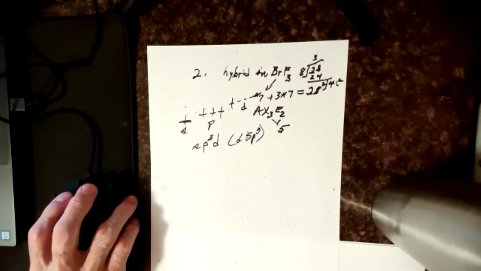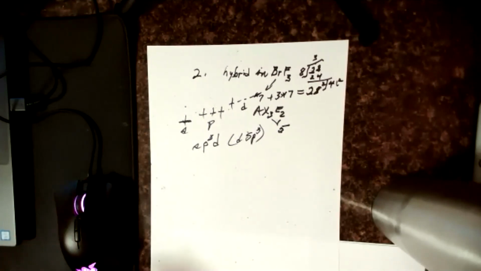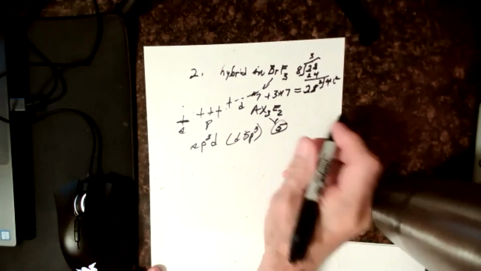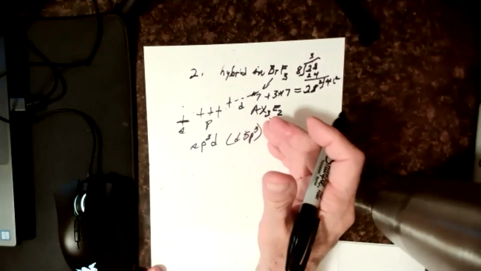I'm going to read the next problem rather than show it to you. It's also using the same molecule. We want the molecular shape, not the electronic shape, of BrF3. The electronic shape we've already determined is going to be trigonal bipyramid.